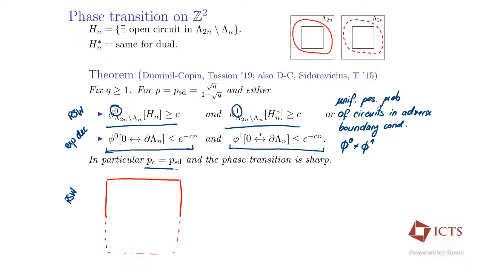Maybe I should draw these in blue. Then you could define an interface between the wired and the free, and this interface would be something like this. So blue is the dual model, okay? I can't draw. Normally I draw dotted lines for the dual, but I can't. So you'd have an interface that is something like this.